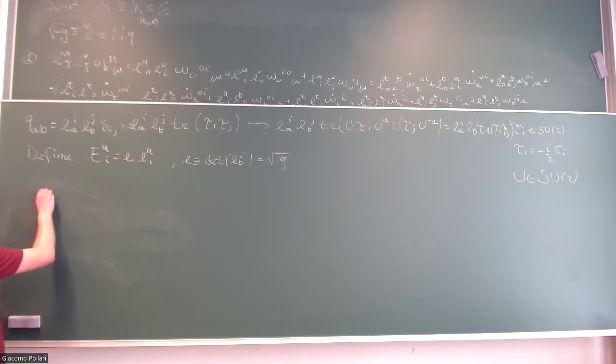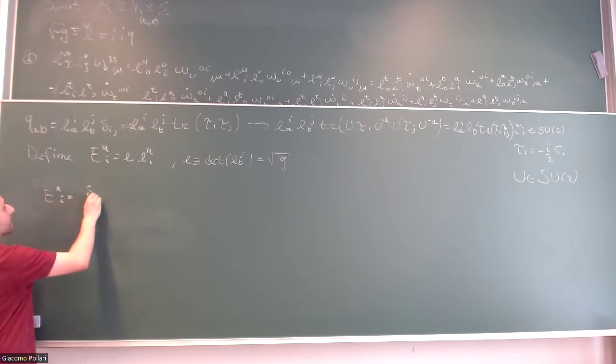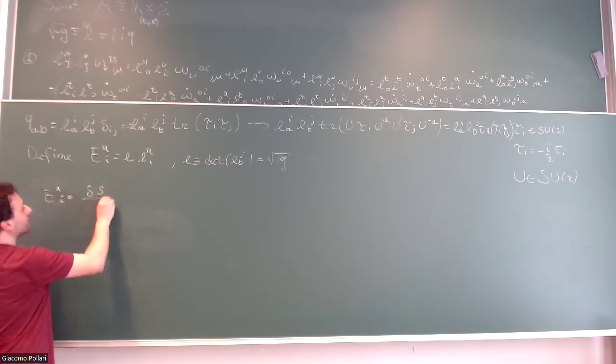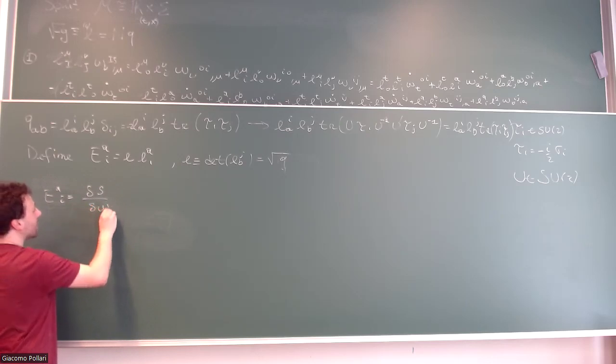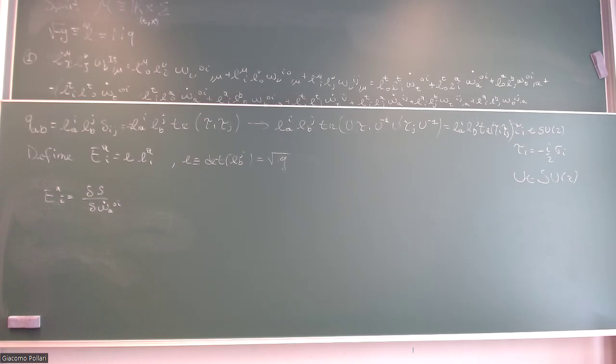Now, yeah, we have that EAI will be the variation with respect to omega A 0 I dot. Okay. And now, let's forget about the constraints.